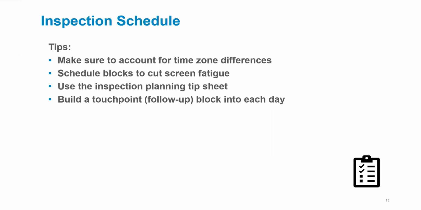For international inspections, the inspection time should be limited to 4 hours per day during the operating hours of the international laboratory. An inspection planning tip sheet can be found in eLab's inspection tools. And remember to add time frame for touch points.